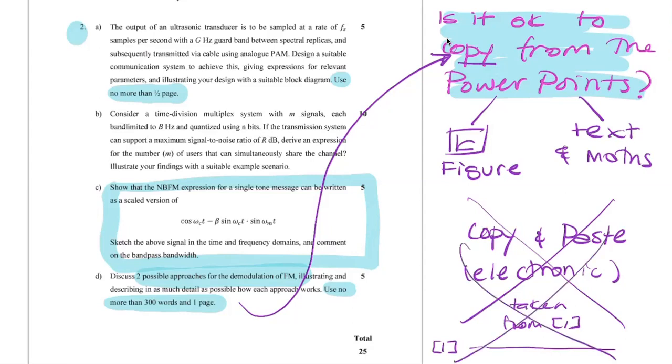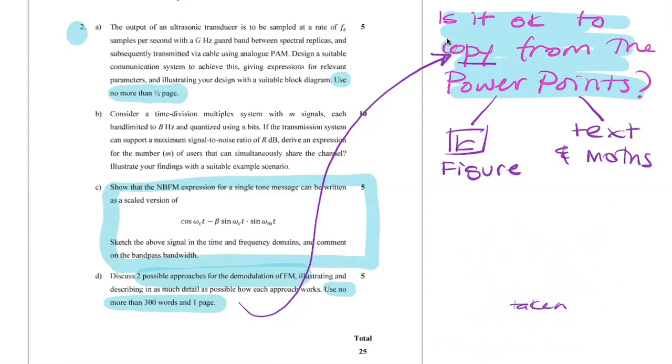So you get a 0 for that. You're not allowed to copy from any source, because it's an exam. If you were in an exam room, under examination conditions, you wouldn't have any other source that you can copy and paste from. So that's for electronic copying. Electronic copying, no.